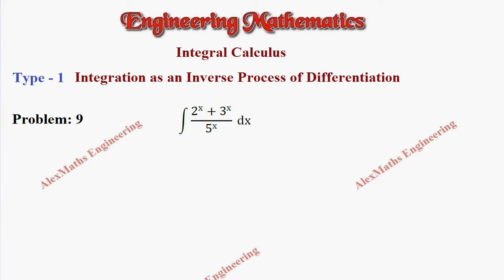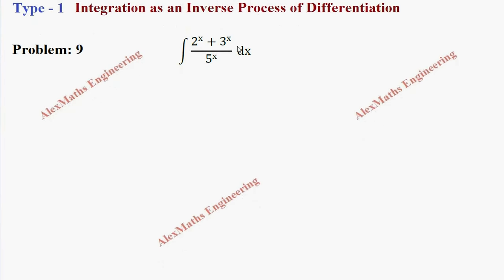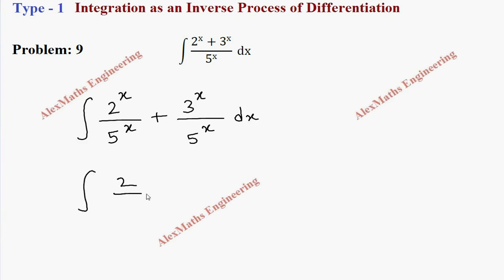Next problem, we have integration of 2 power x plus 3 power x by 5 power x dx. Let's divide this individually. So this is 2 power x by 5 power x plus 3 power x by 5 power x dx, and this will become 2 by 5 whole power x. In the same way, the second term is 3 by 5 whole power x dx, and we are going to apply the formula.